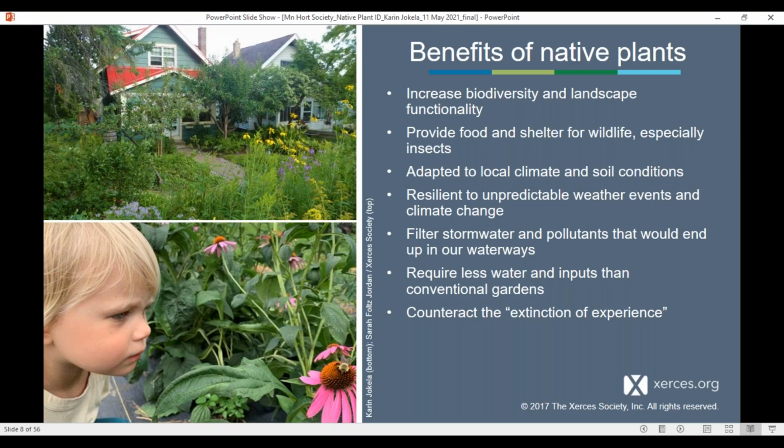And this last point about native plants potentially having the opportunity to counteract what I call the extinction of experience. And maybe this is just the mother in me, but we are experiencing just an unprecedented loss of connection with nature as a society.